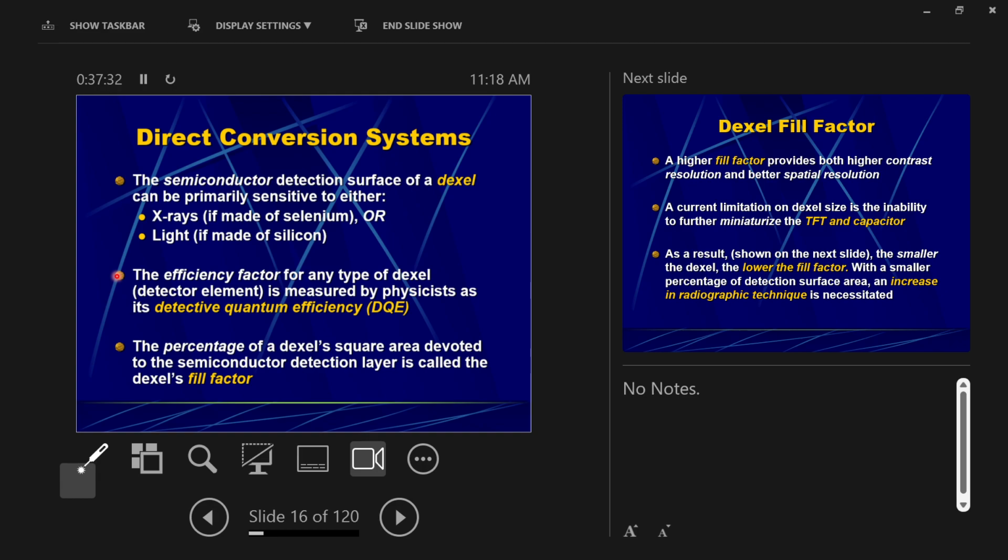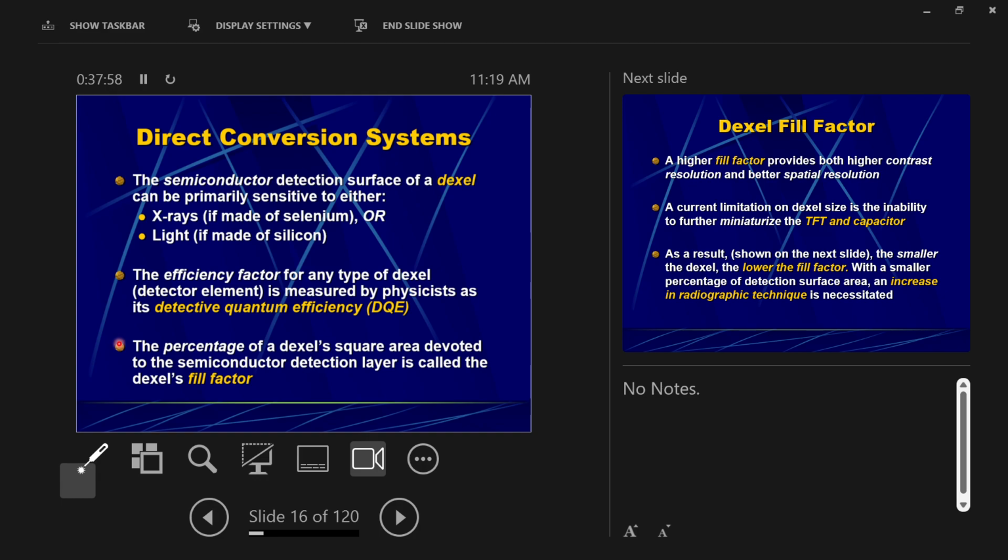This next note is going to be important. Remember I said the detector surface on any one DEL cell is not covering the entire DEL cell. That's going to be an important issue. You know how to take a square area, length times width. There's a square area for each DEL cell, 1/10 of a millimeter by 1/10 of a millimeter, a little tiny square.